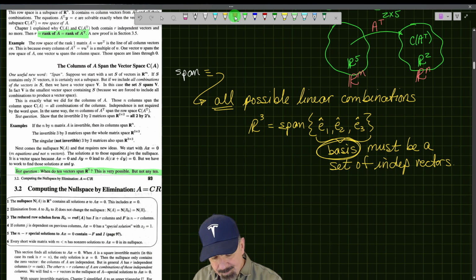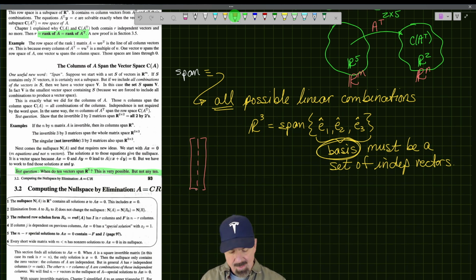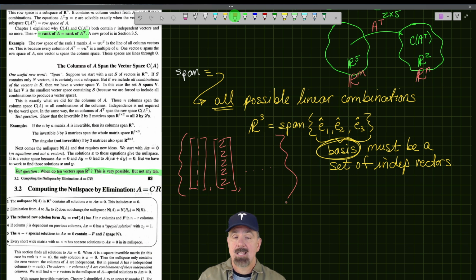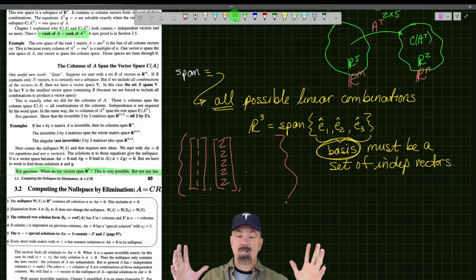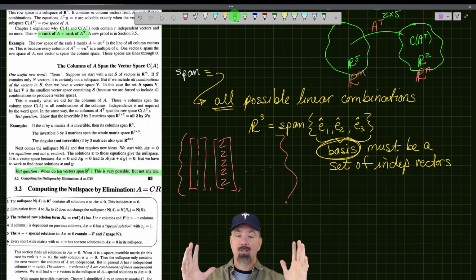I could grab vectors of length 5 that look like 1, 1, 1, 1, 1, and then I could take 2, 2, 2, 2, 2, 3, 3, 3, 3, 3, all the way down to 9, 9, 9, 9, 9, or 10, 10, 10, 10, 10, and I'd have 10 vectors that span a line in R5, one-dimensional, because the whole set is linearly dependent.